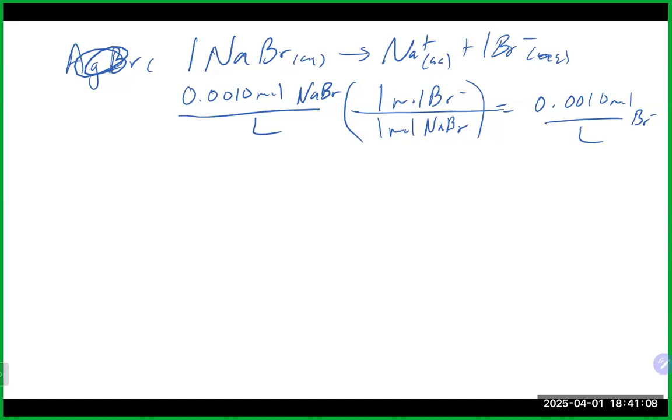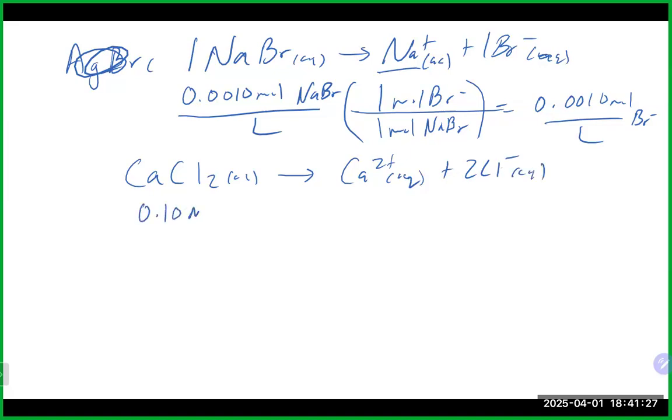It would also be a 1-to-1 relationship between the sodium if you needed it. Now, if you had something, let's say like calcium chloride, and that broke apart into a calcium ion and 2 chloride ions, and let's just say that the initial concentration of this guy was 0.1 molar.